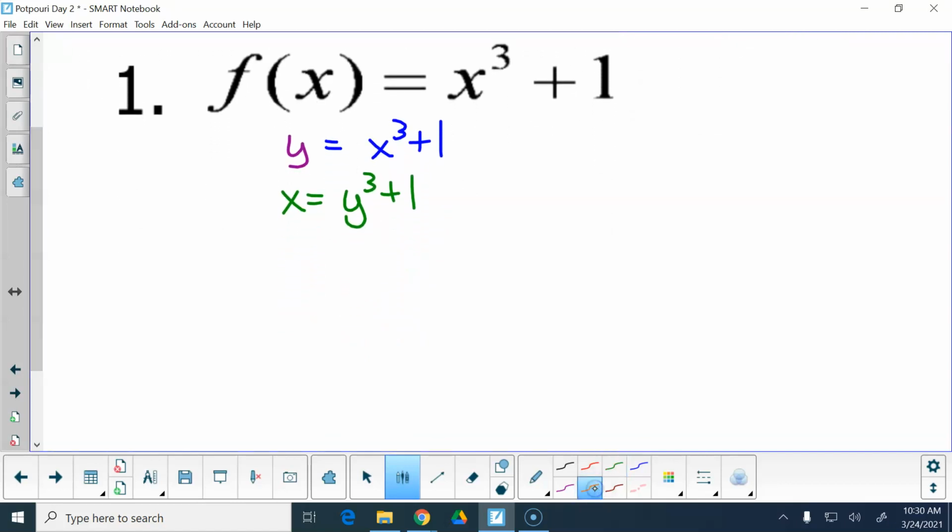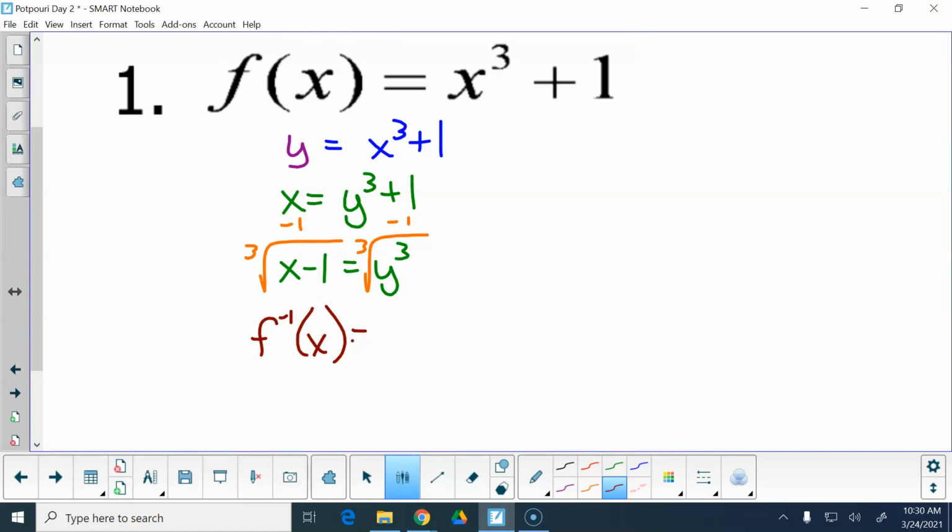So I'm going to subtract 1. And then I'm going to cube root both sides. So that's going to give me a potential inverse function of the cube root of x minus 1.